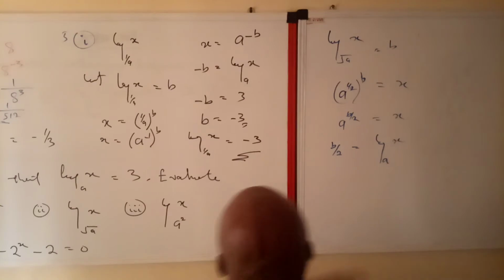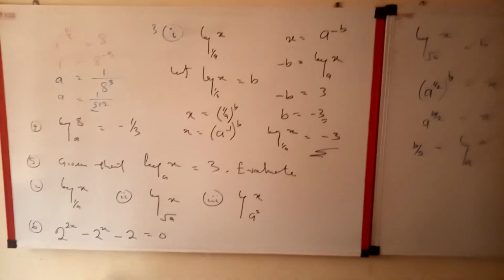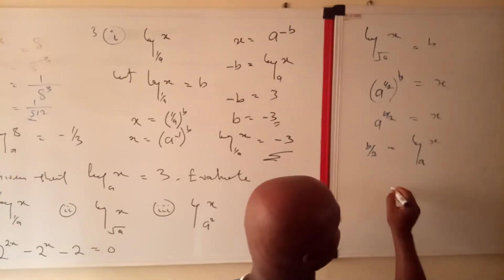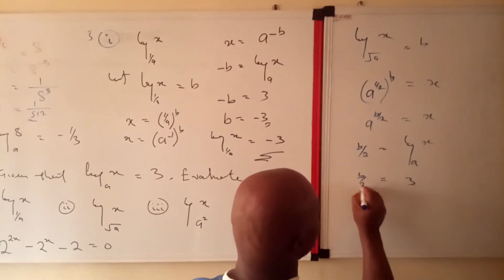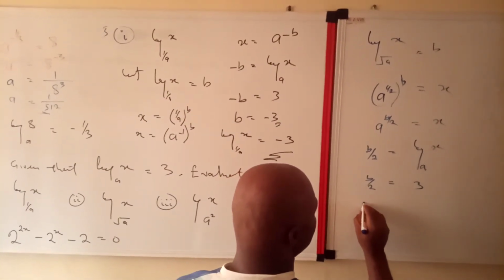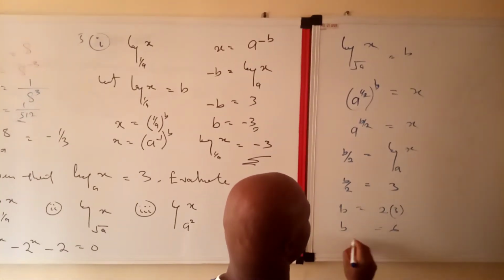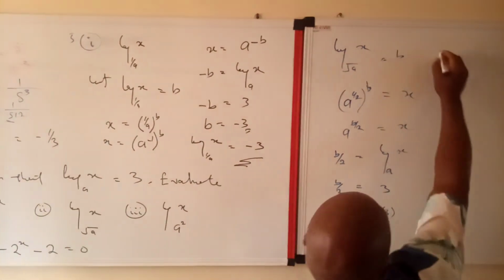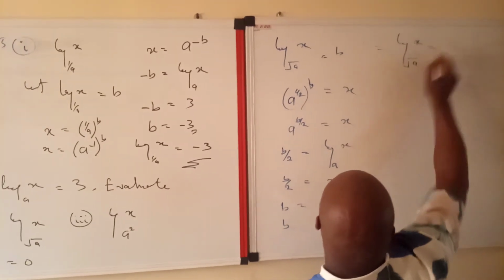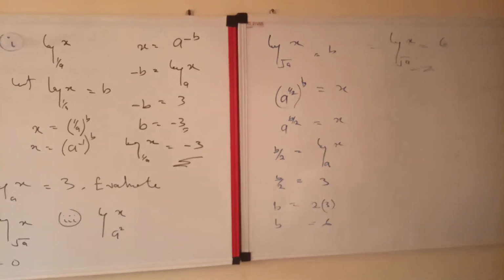Now, we have been told from the beginning that the log of x in base a is equal to 3. So we have b over 2 is equal to 3. Making b the subject, we multiply both sides by 2, and we have b equal to 2 times 3, which is equal to 6. Our b is equal to 6. So from here we say that the log of x in base square root of a is equal to b, which we have as 6. You can see that this is also as simple as ABCD.